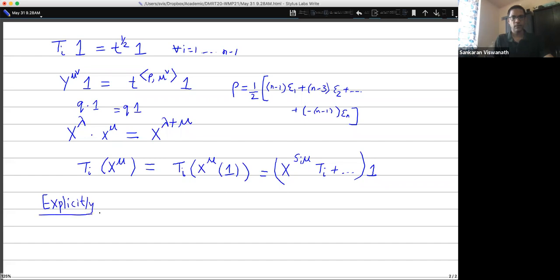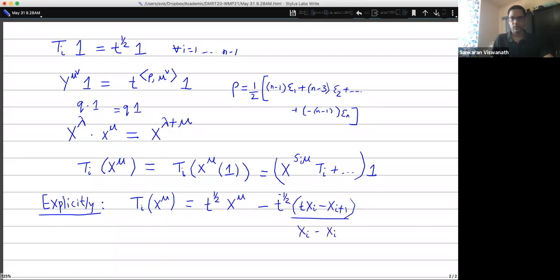Explicitly, Ti on x^mu is t to the half x^mu, minus t to the minus half times (t xi minus xi plus 1) over (xi minus xi plus 1) times, this is the operator identity minus si. So it maps x^mu to x^mu minus si.